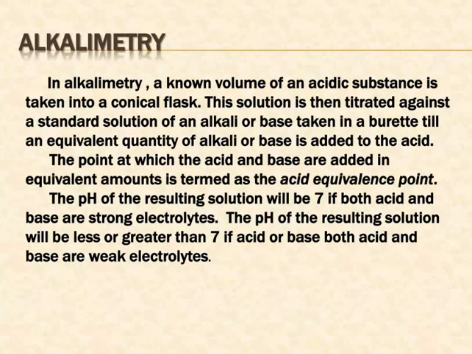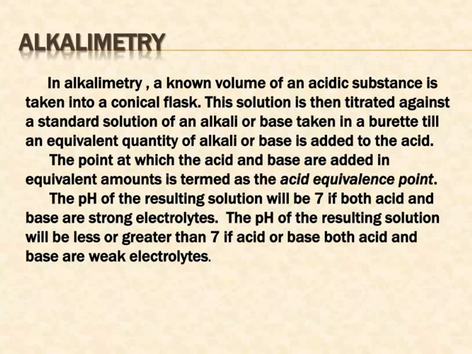Now what is the meaning of alkalimetry? In alkalimetry, a known volume of acidic substance is taken into a conical flask. This solution is then titrated against a standard solution of an alkali or base taken in a burette till an equivalent quantity of alkali or base is added to the acid.